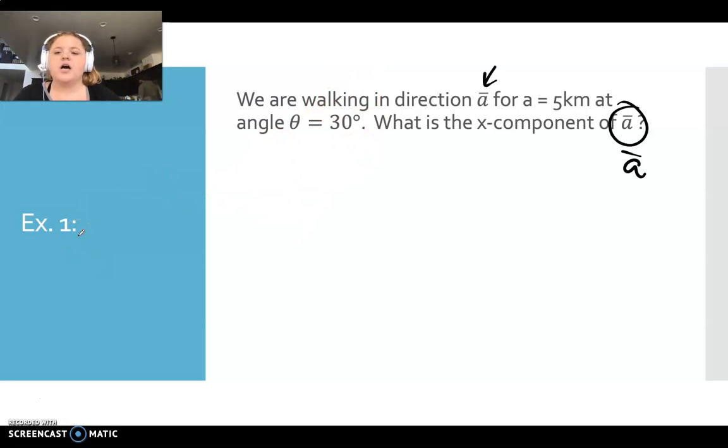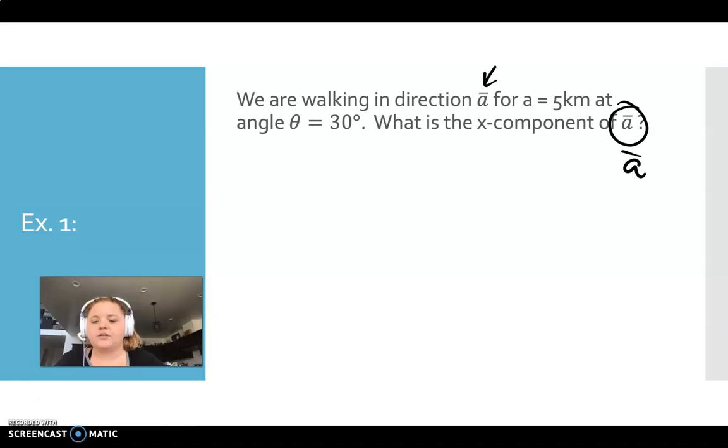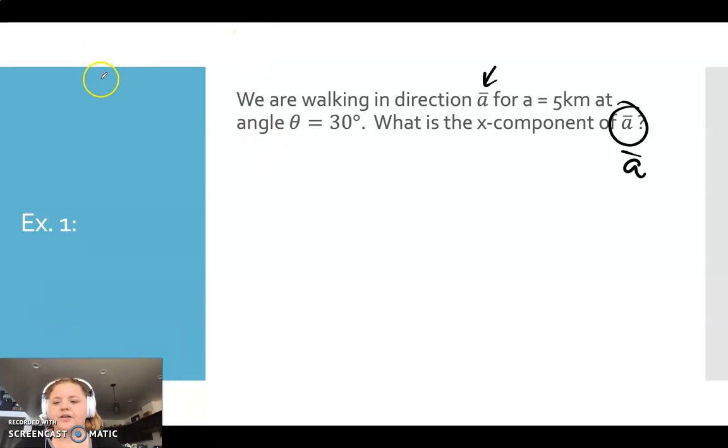Okay, so let me go ahead and draw this. That might help visualize it. So this will be my x and y coordinate system, and I will put my vector A here, and my angle here is theta, okay, and here is A. So I want to know my x component.